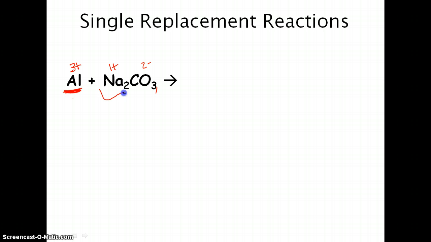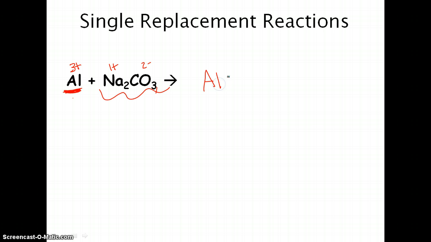So you have these in a compound. The only way carbonate is going to get rid of this sodium is if aluminum is better. I haven't taught you how to do that yet, but when I do, just make sure that you keep reactivity in mind, okay? But the positives would replace each other.